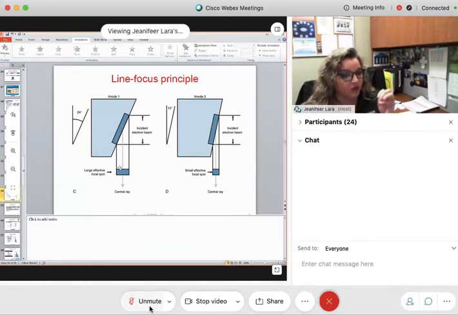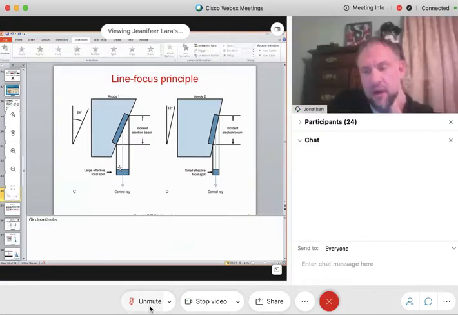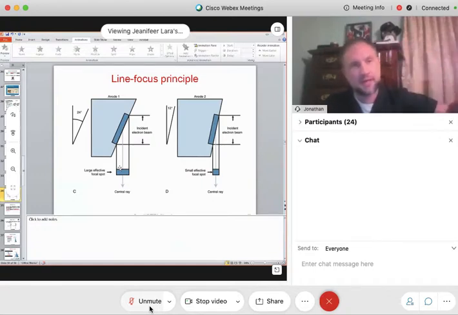So now the question is what is the difference between an actual focal spot and an effective focal spot? Does anyone know? No? So the actual focal spot is the larger area that the electron stream is hitting on the target of the anode.